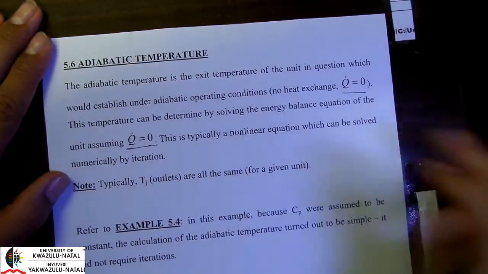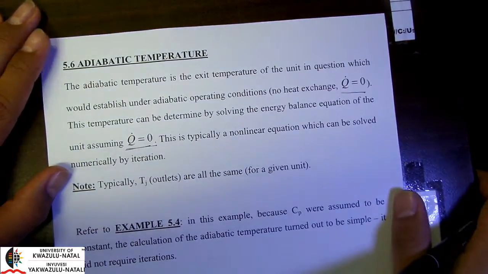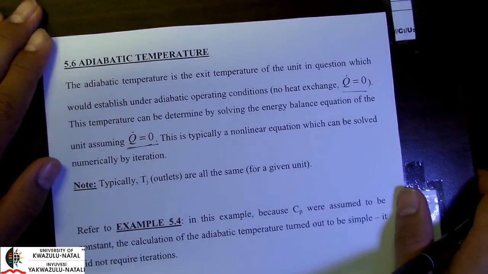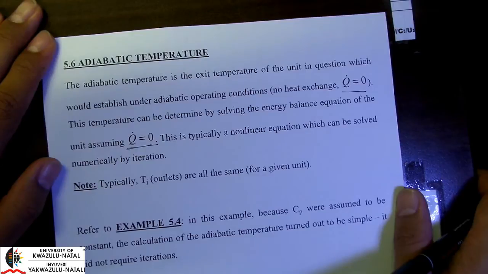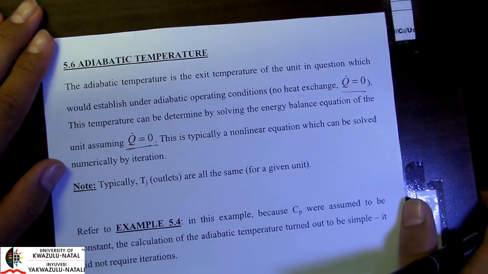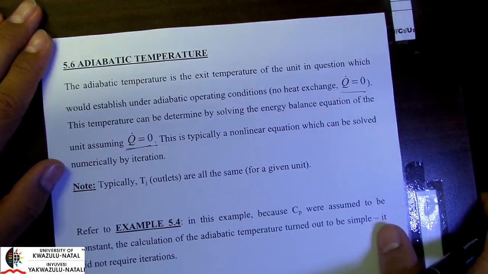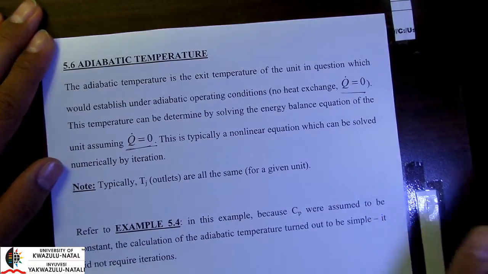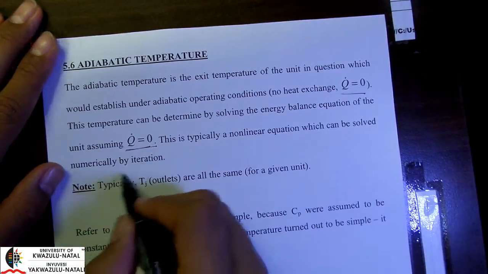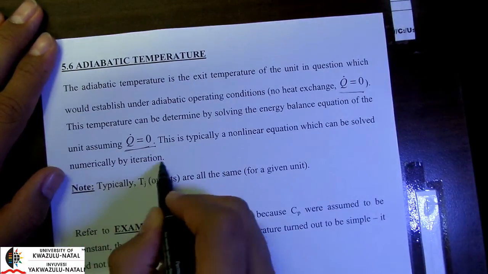And considering the fact that we work with specific heat capacities and we have heat capacity coefficients and integrals that we will need to solve, which ultimately amount to 4th or 5th order equations, this means that we will need to be solving for our temperature by iteration.